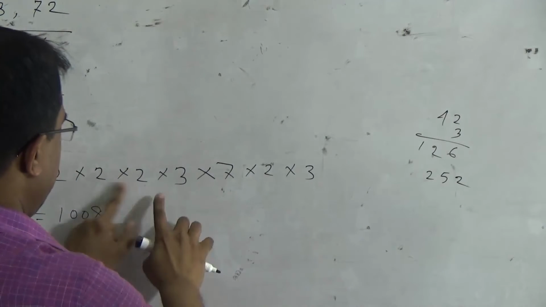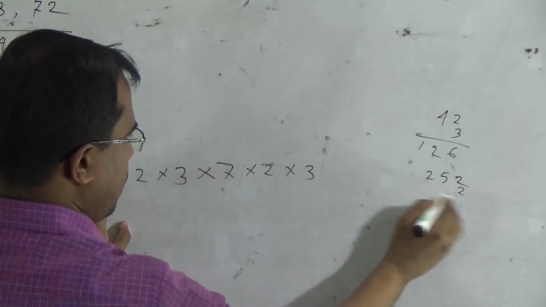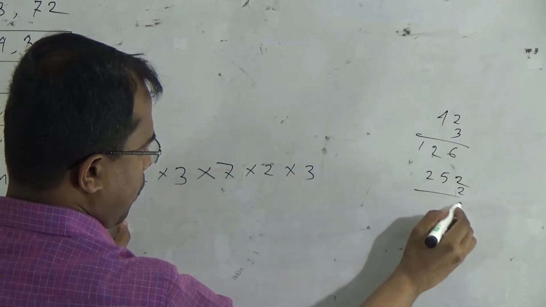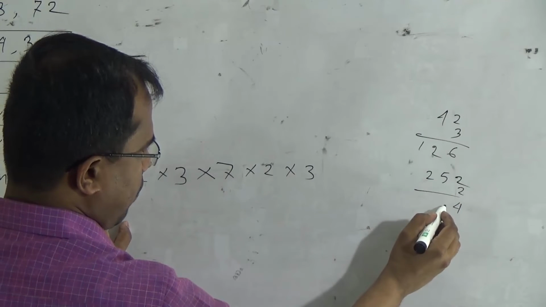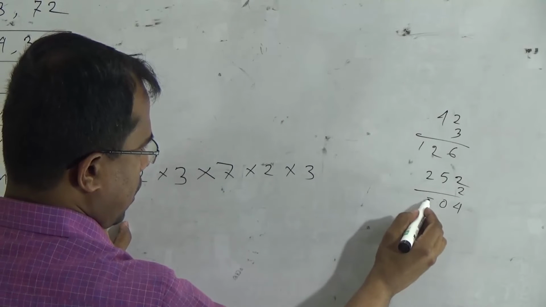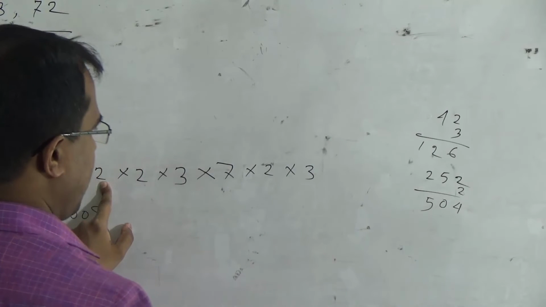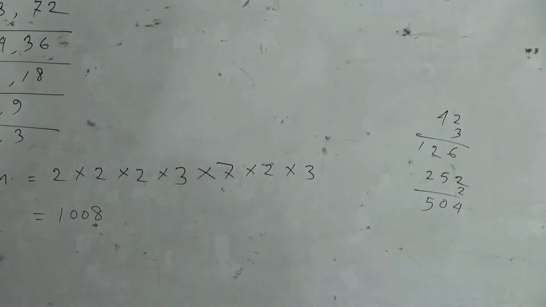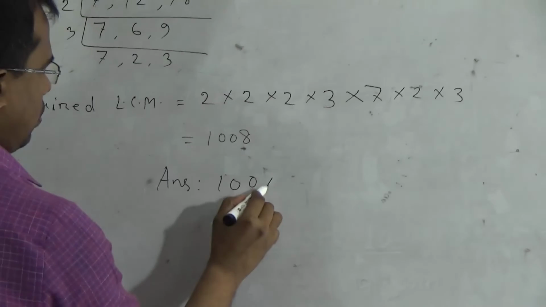Again if we multiply 252 by 2, then 2 2s are 4, 5 2s are 10. From 10 we will write 0 carrying 1, 2 2s are 4 and 4 plus 1 equal to 5. That means 504. If we multiply this 504 by 2, then it will be 1008. So the answer will be 1008.